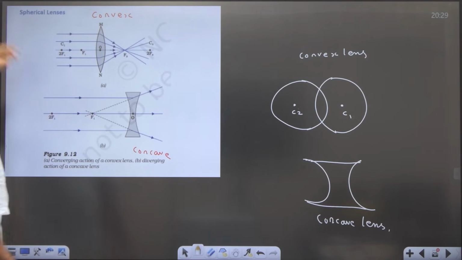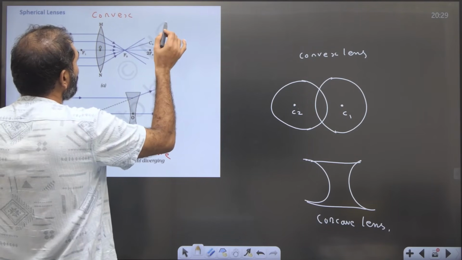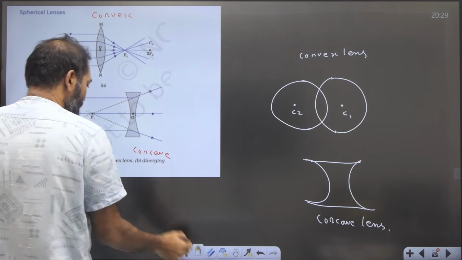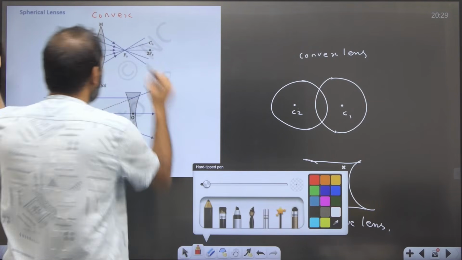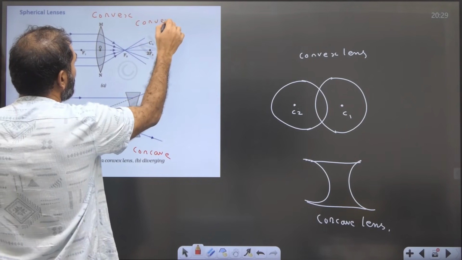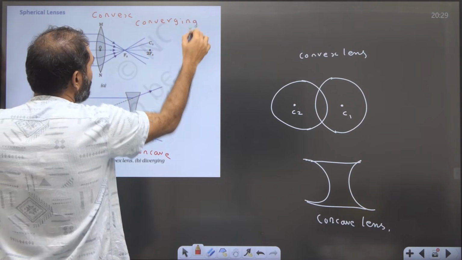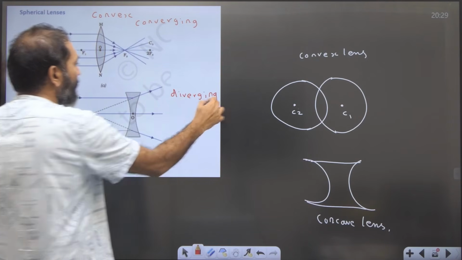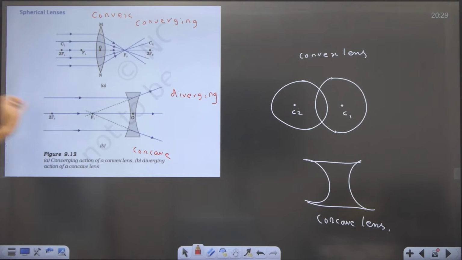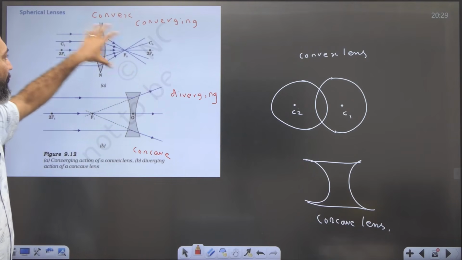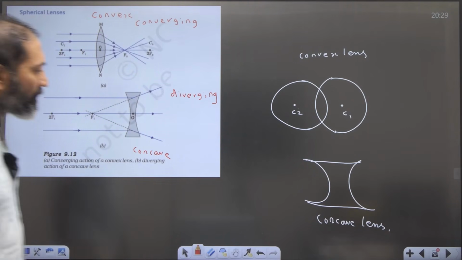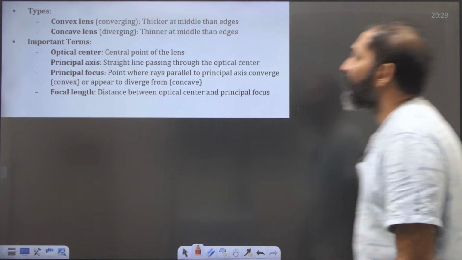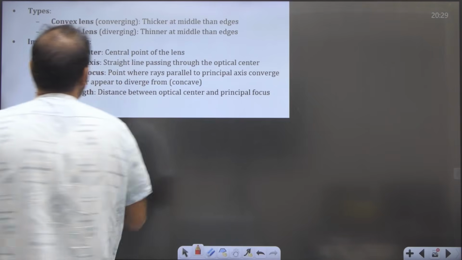So a convex lens is exactly opposite to a mirror. A convex lens is a converging lens, and a concave lens is diverging. See, rays diverging away, and rays converging. Types: convex lens, converging; concave lens, diverging.